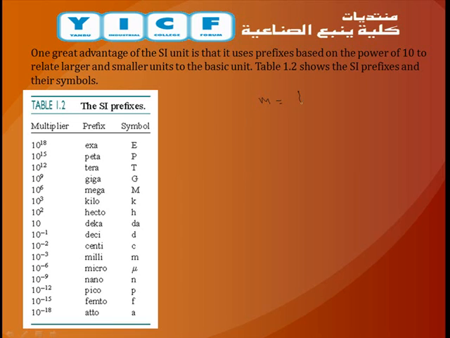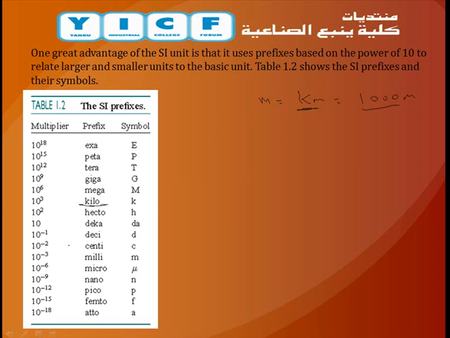It can be kilometer, which is 1000 meters. Instead of using 1000 meters, or a very large number, we use the prefix k, or the symbol k, which relates to kilo. This is the prefix.